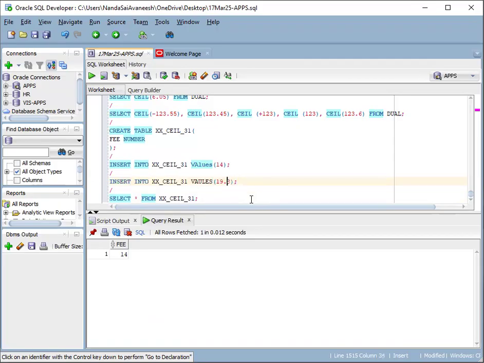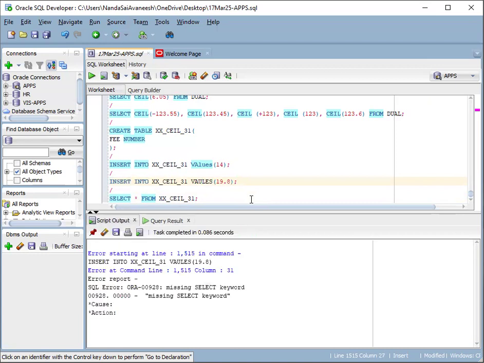Okay, what is that over here? Missing select statement.